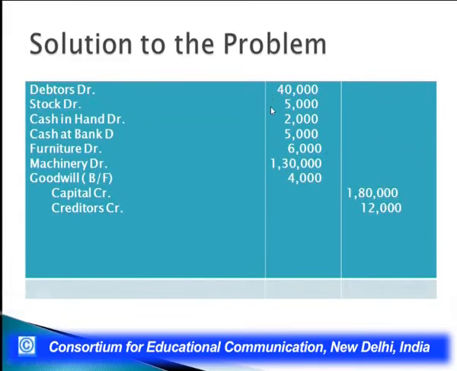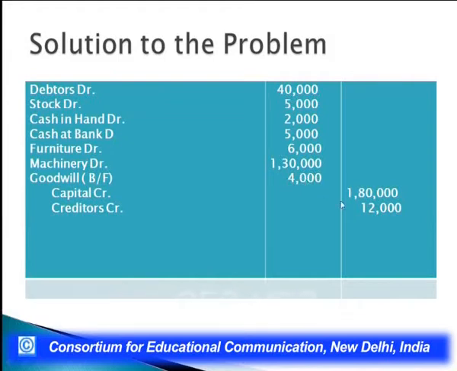And if you debit all the items given in the question from debtors to machinery, it would be 1,88,000. So if you note down the values and sum them up together, the summation is coming out to 1,88,000.